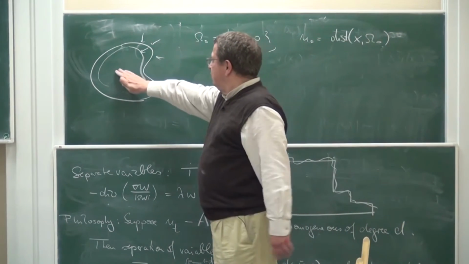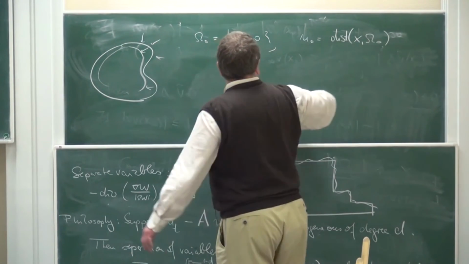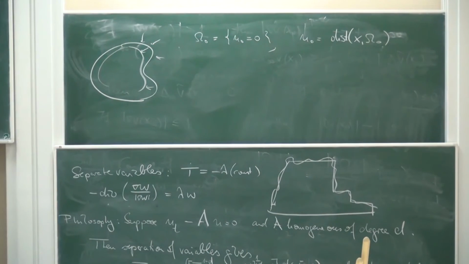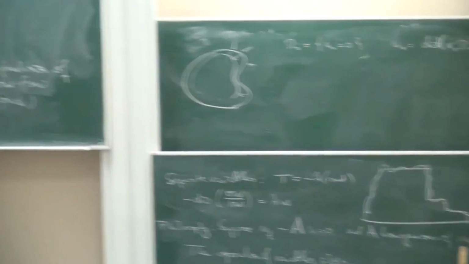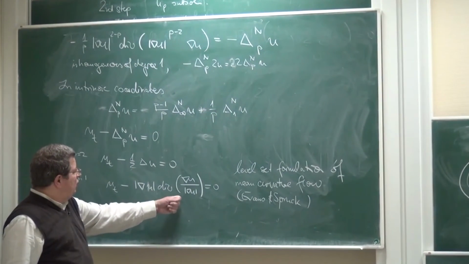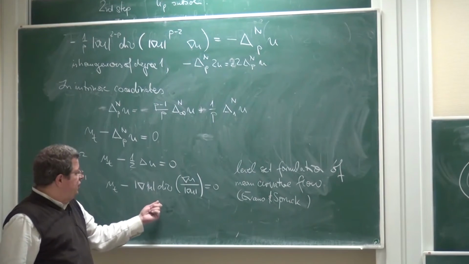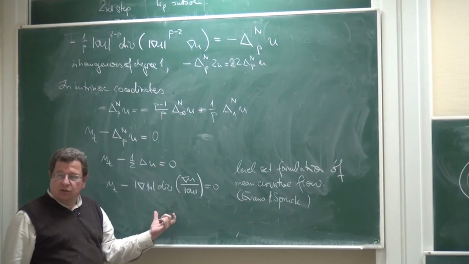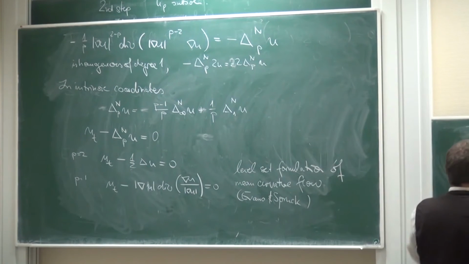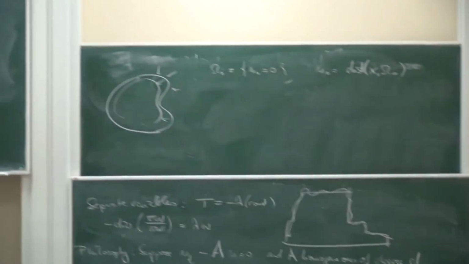It is plus the distance function here, minus the distance function there. Then you take this function as an initial datum for this equation and look for the solution. Then you look at a later time: the function u of t, where does it have its 0 level set? This is where the domain omega 0 has gone. That's the level set formulation of mean curvature flow.